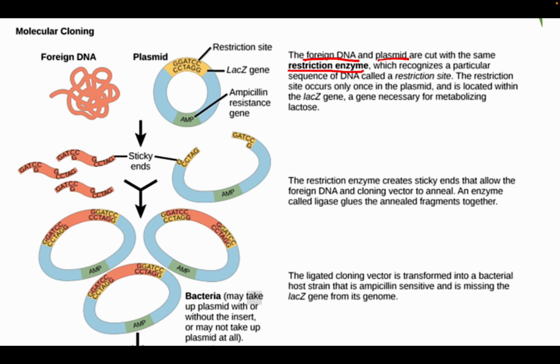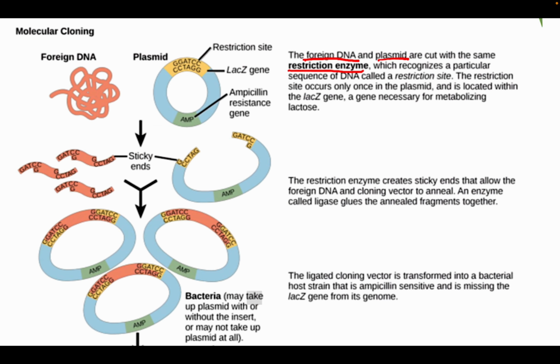This is what I'm telling you, because when both the plasmid and the DNA insert are cut by the same restriction enzyme, they will have complementary ends. If they have complementary ends, it will facilitate the ligation process, where the DNA insert is inserted into the plasmid vector, and the complementary ends can base pair with each other.